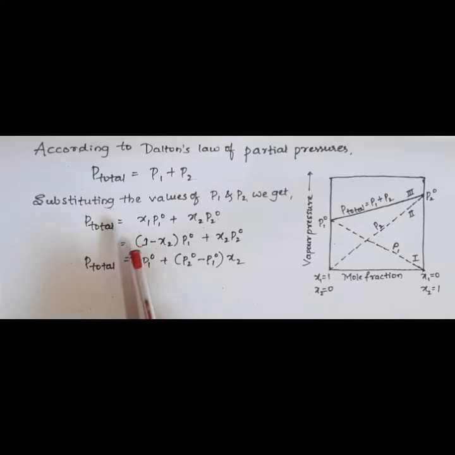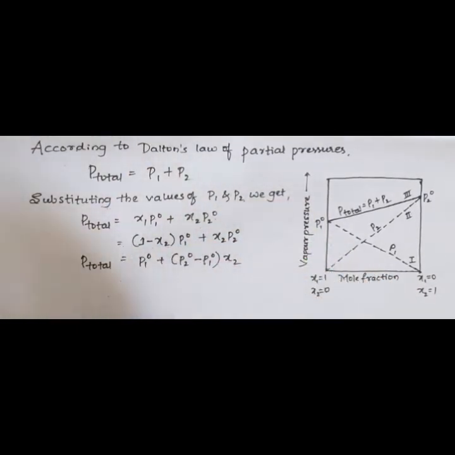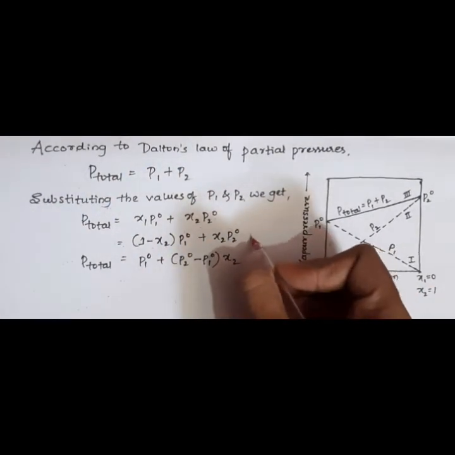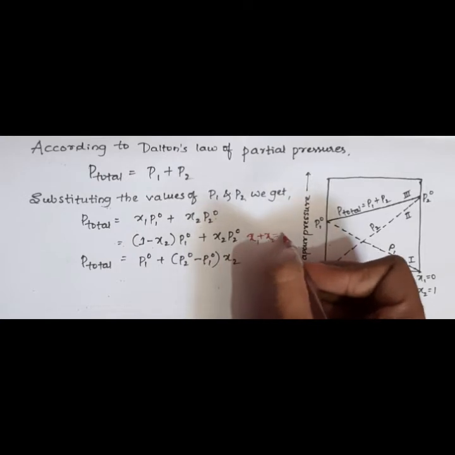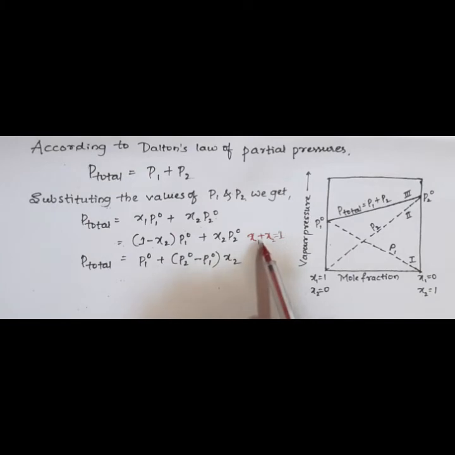Here, instead of writing X1, I have written 1 minus X2, because it came from the relation that the mole fractions of the two components, X1 plus X2, is equal to 1. It is always 1. The sum of mole fractions of two components is always equal to 1.